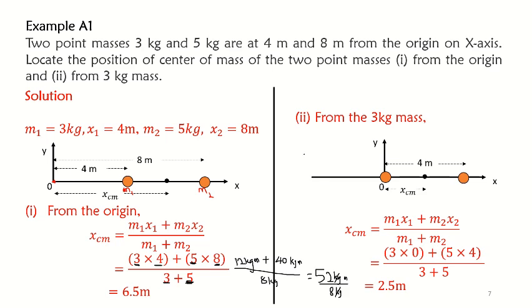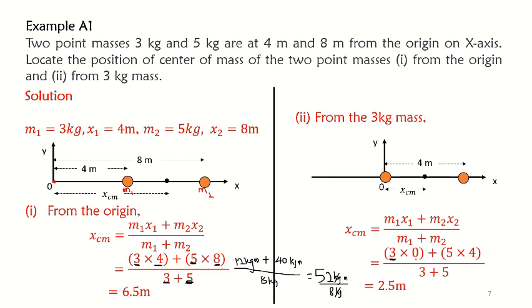But in the second case, the center of mass is now at the position where we have the 3 kg mass. So with reference to the position of the 3 kg mass, M1 will be 3 kg. But the distance between the 3 kg mass and that reference position is 0.